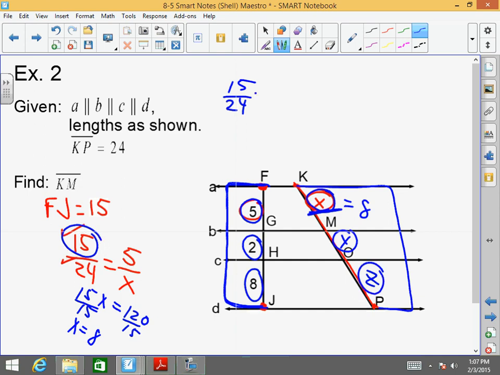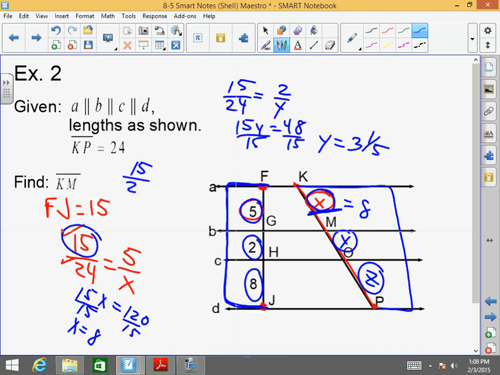So 15 to 24 must equal 2 to y. 15y equals 48, divided by 15. Y would equal 3 and 1/5, which is larger than 2. And then last but not least, let's solve for z, just to prove to you.